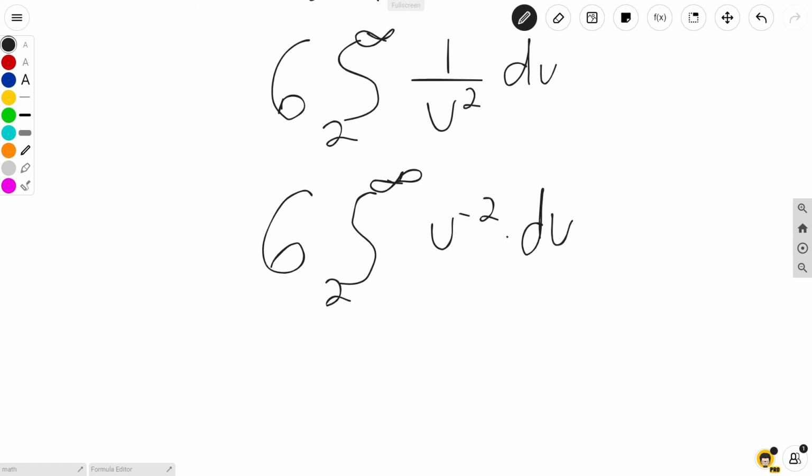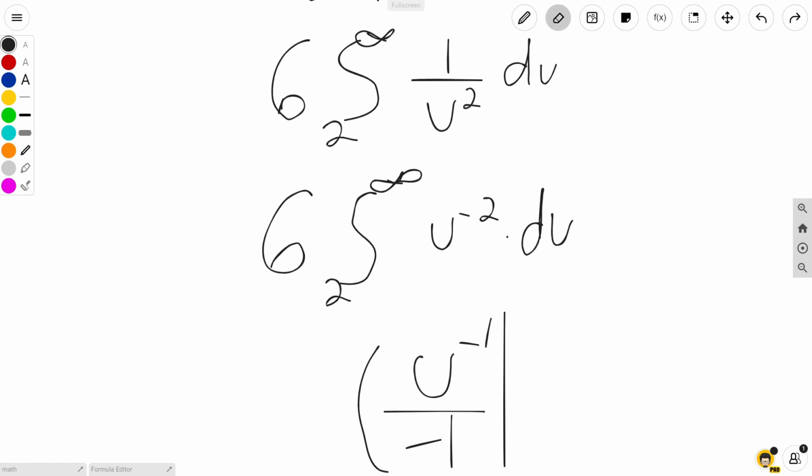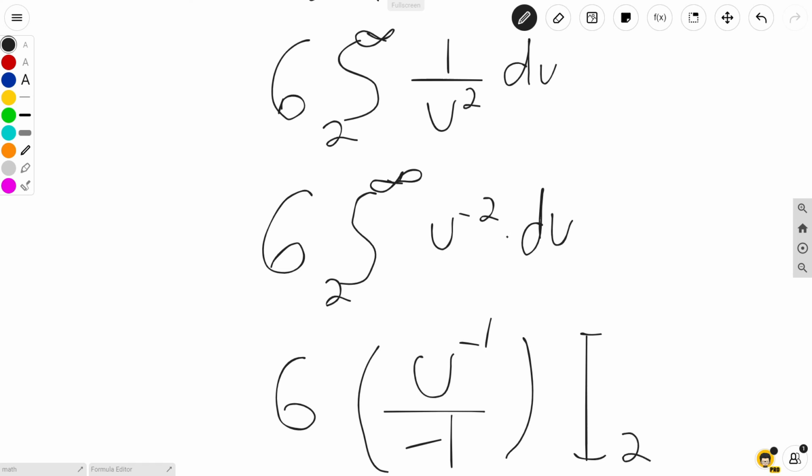And whenever we integrate this, we add 1 to the power, divide by the new power, and multiply by the constant, and then we're integrating this from 2 to infinity.